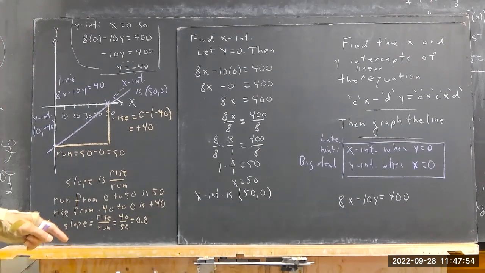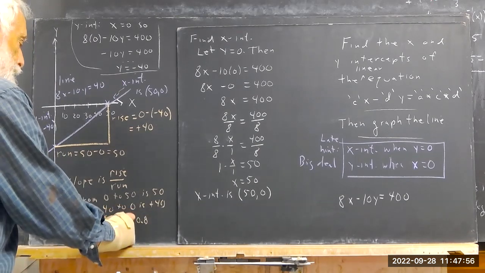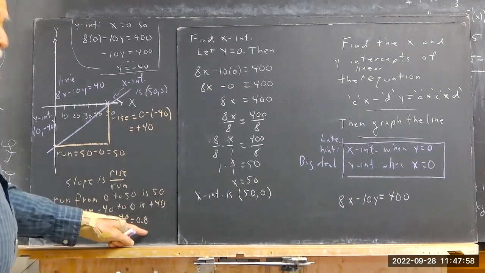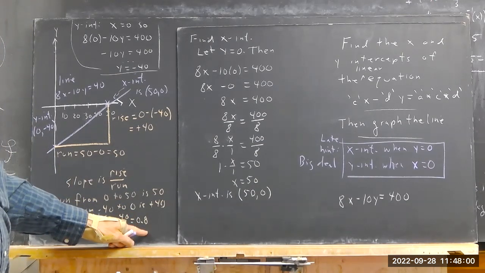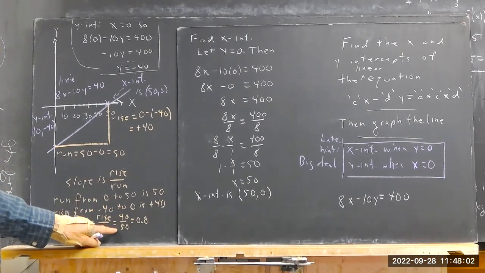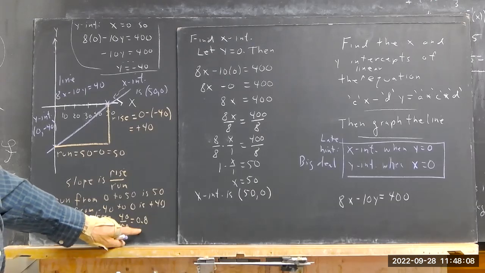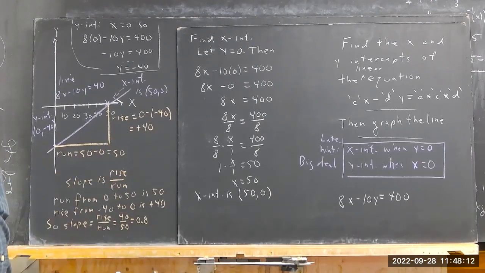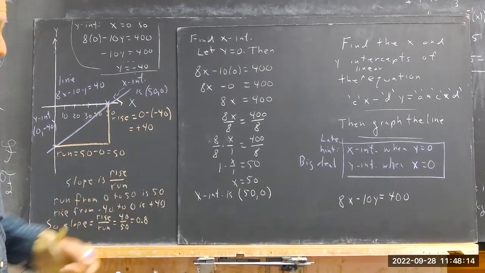And generally, we do want to have a decimal number that gives this. Now that reduces to 4/5. You can write it as 4/5. That's exact. And 0.8 is also exact, since 50 to the 40 is exactly 0.8 times.